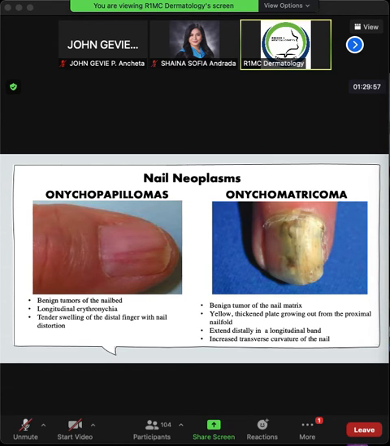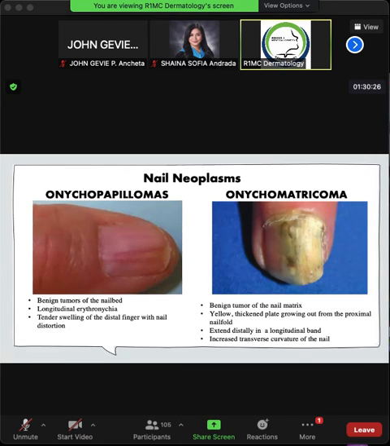For your onychomatricoma, these are benign tumors of the nail matrix presenting as a yellow thickened plate growing out from under the proximal nail fold and then extending distally in a longitudinal band. So there is an increased transverse curvature of the nails, and splinter hemorrhages often are seen in the proximal nail.